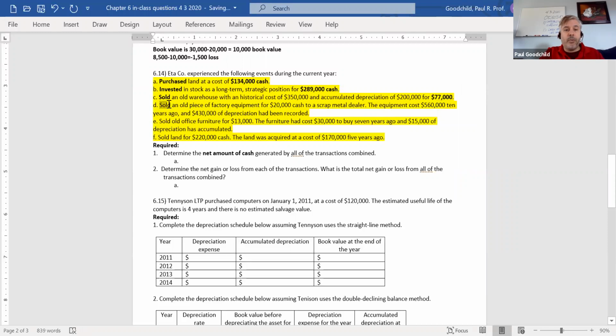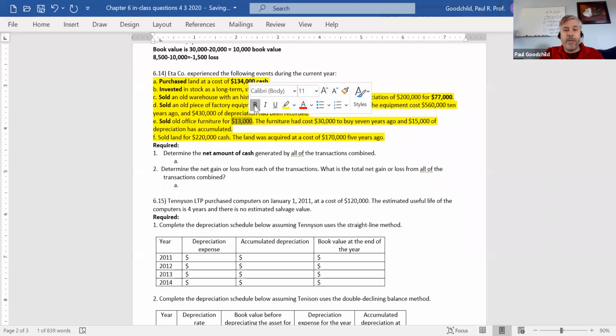Part D says sold an old piece of equipment for 20,000 cash scrap. And then sold for 13,000.